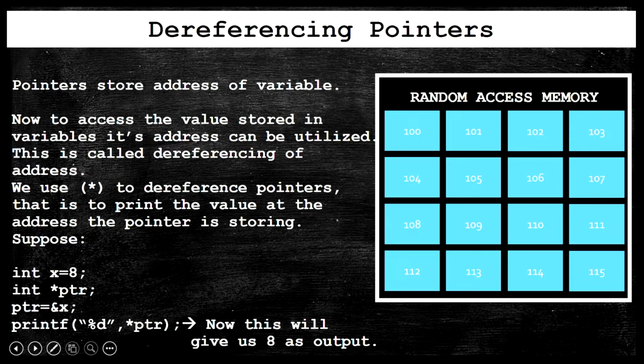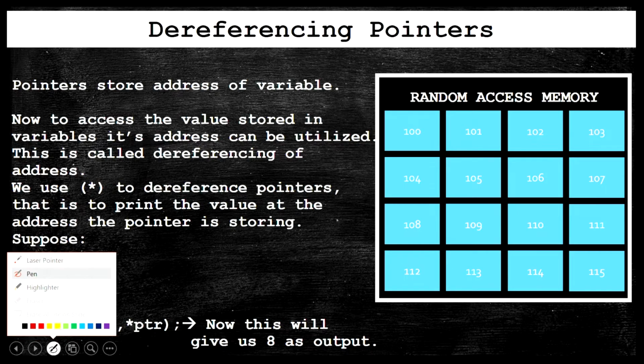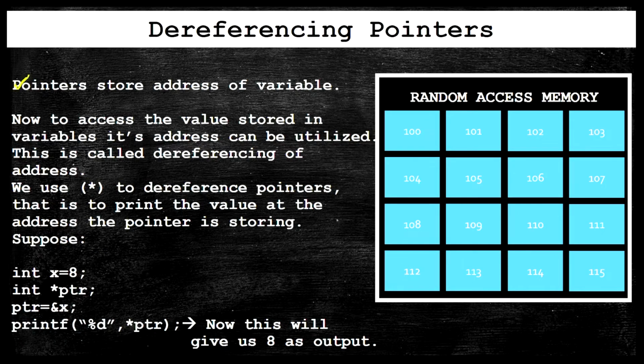Now see, we already know one thing, that pointers have the ability to store the address of a variable, right? Now to access the value stored in the variable, its address can be utilized, right? This is called dereferencing. What does this mean?